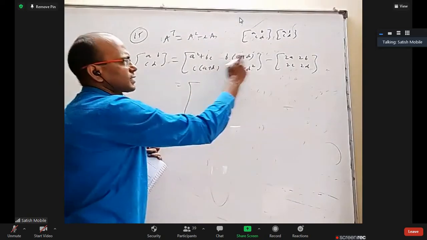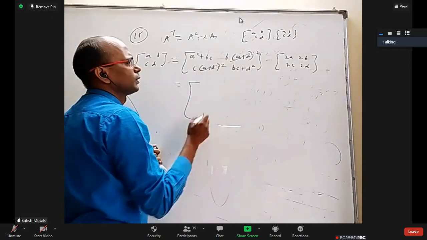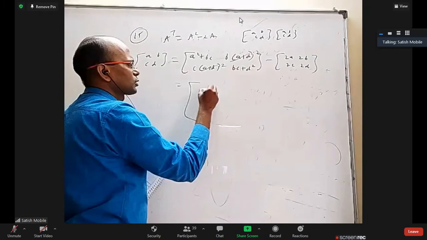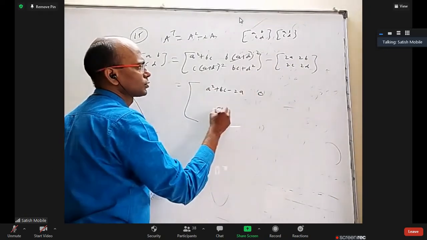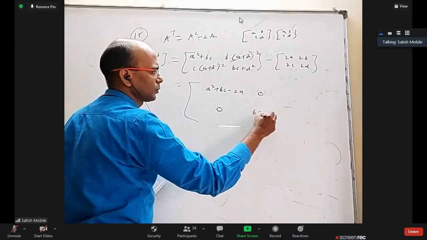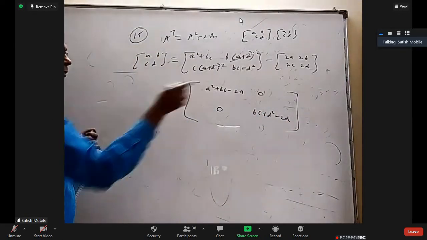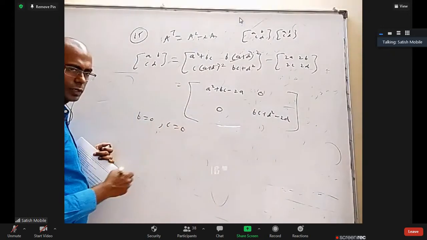Actually, this and this are same, because this is 2. This is also 2. So this is 0, this is 0. I'll be getting A square plus BC minus 2A, 0, 0, BC plus D square minus 2D. So when I compare, I'll get B equal to 0 already, C equal to 0 already.